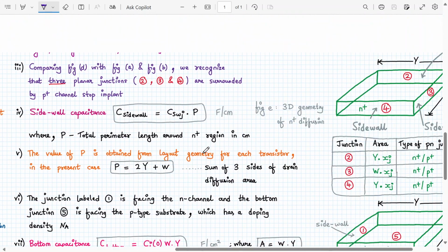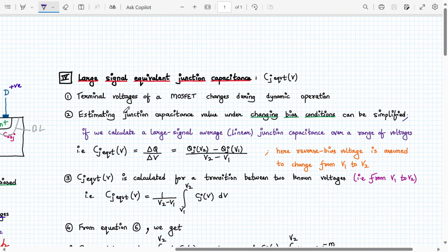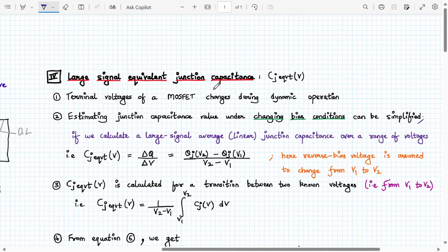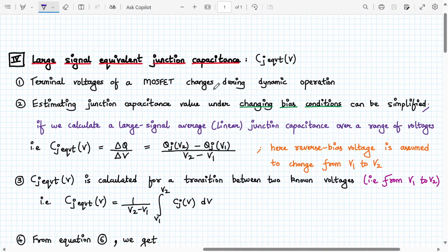Now let me derive the expressions for the large signal equivalent junction capacitance. What are we assuming now? We are assuming that the terminal voltages of the MOSFET change during the MOSFET operation. So we have a MOSFET over here.